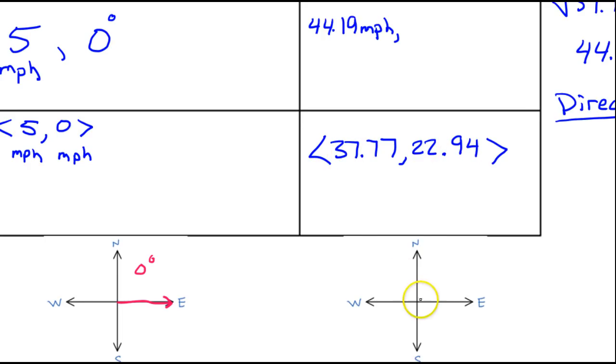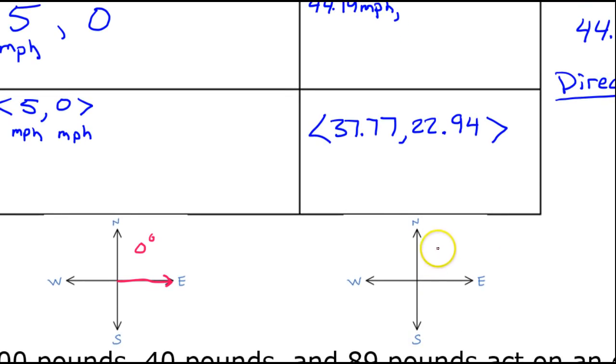That means we are going to the east and to the north. We're going right and up on this diagram. So that's going to put us in the first quadrant. So let's go ahead and draw our vector into the first quadrant like this. Now let's make a little triangle out of it. We've got this right triangle. This is the angle that we're trying to find. That's going to be the direction measured from the positive x-axis.